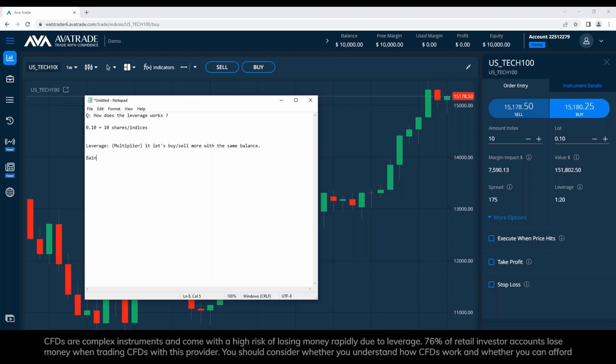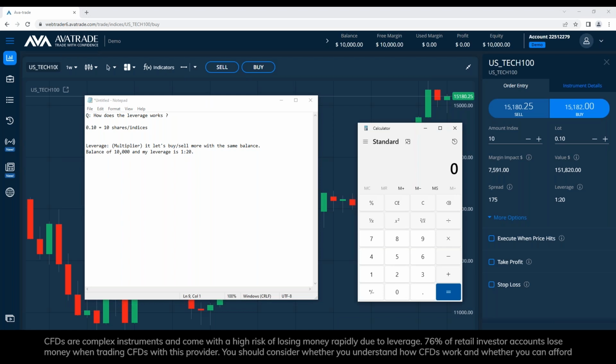if I have a balance of 10,000, okay, and my leverage is 1 to 20, I will have the financial ability to sell or buy as if I had how much? Let's see. Okay, 200,000.